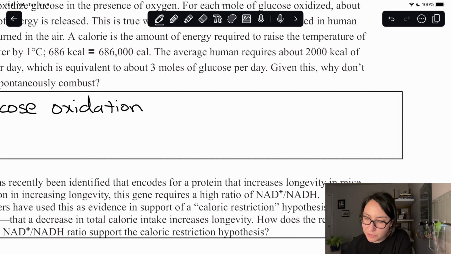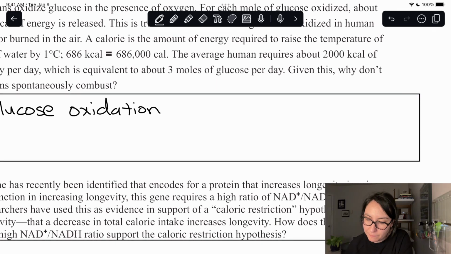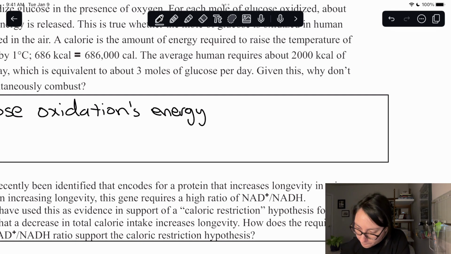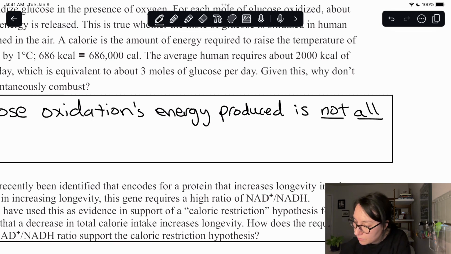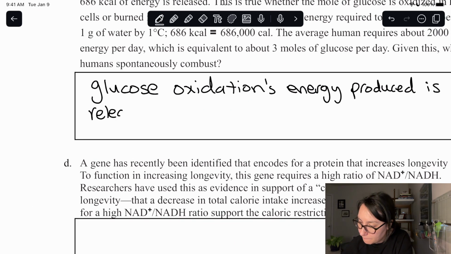And what does that do? The glucose oxidation basically is going to, what's the word I'm looking for? So during cellular respiration, the glucose oxidation's energy produced is not all released at once.